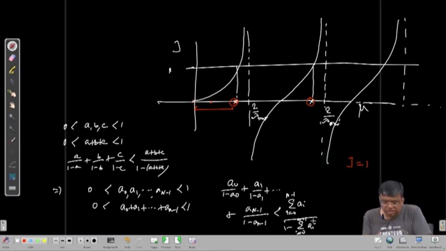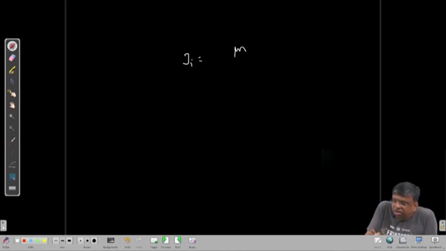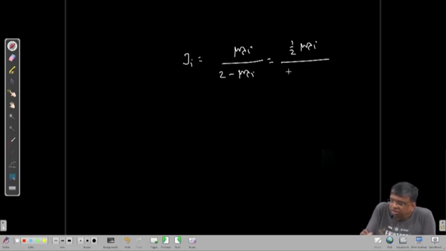Now, why I am doing this, consider the expression of J. J i is mu lambda i by 2 minus mu lambda i. So, you take 2 common, it is half mu lambda i by 1 minus half mu lambda i, right.